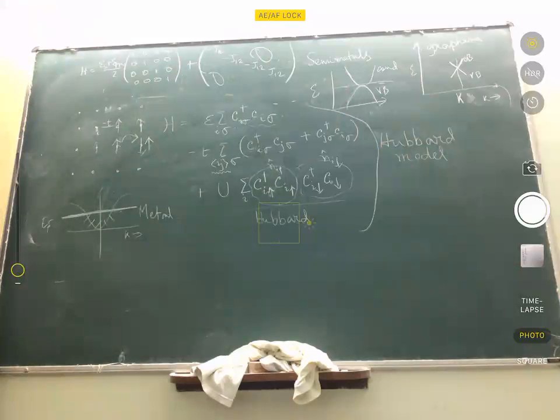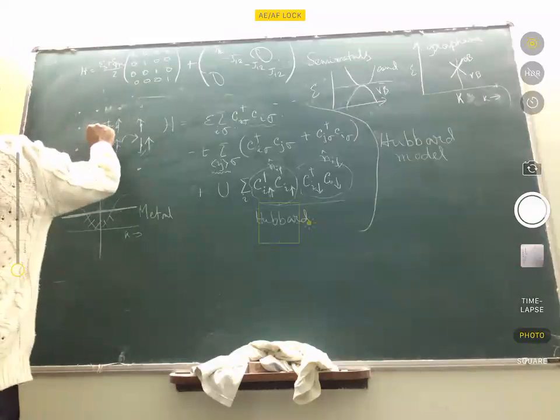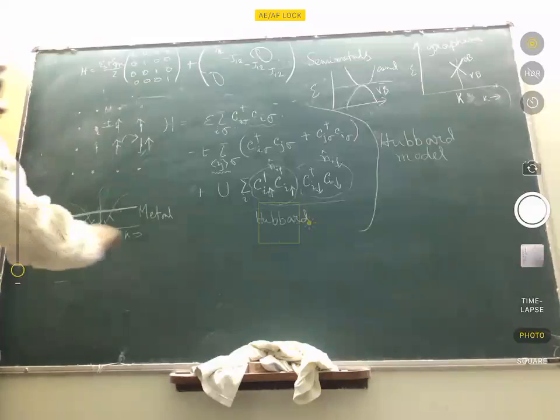Now notice that we have defined this Hubbard model in some restricted sense, in the sense that I have taken only one orbital per site.